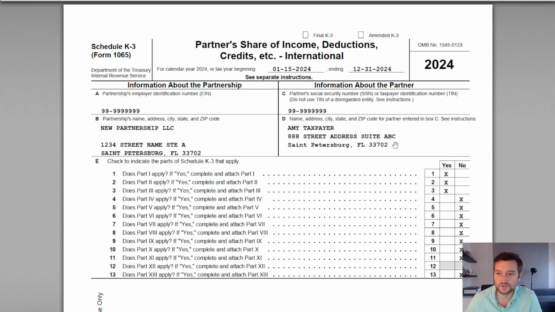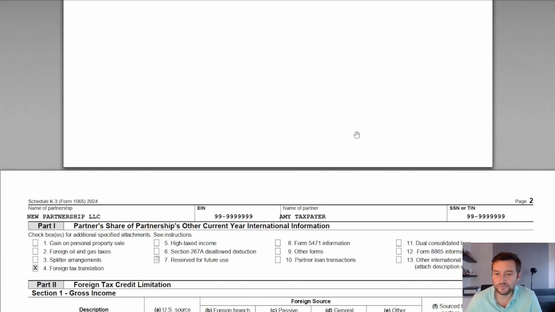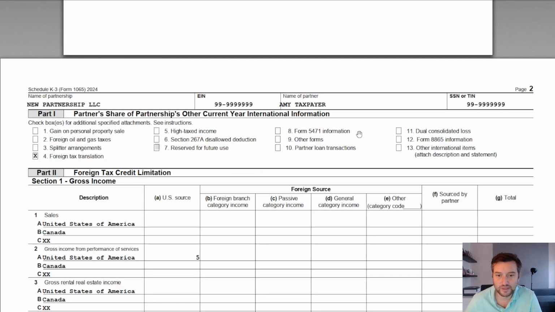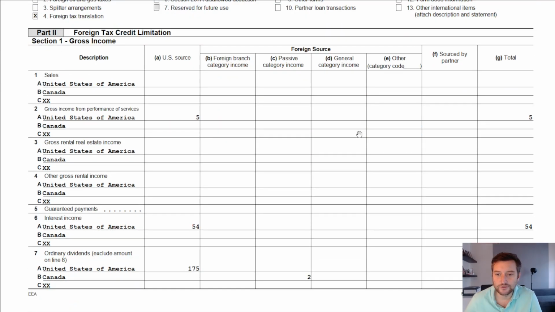Okay, so this is the Schedule K-3, Partner's Share of Income, Deductions, Credits, International, right? So these are, again, income and expense tax items related to foreign activities. So if we scroll on down here for the foreign tax credit limitation.